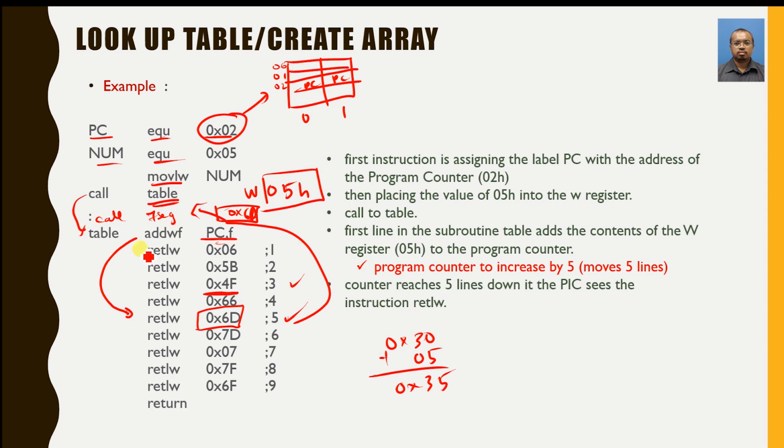So the program will not execute this part. You will just skip up to here, return from subroutine, which means get out from the subroutine, and it will go direct to the next instruction after the call instruction. Next instruction here, I'll just put an imaginary instruction, call 7 segment. So this is what happens, and how easy it is to use the lookup table.